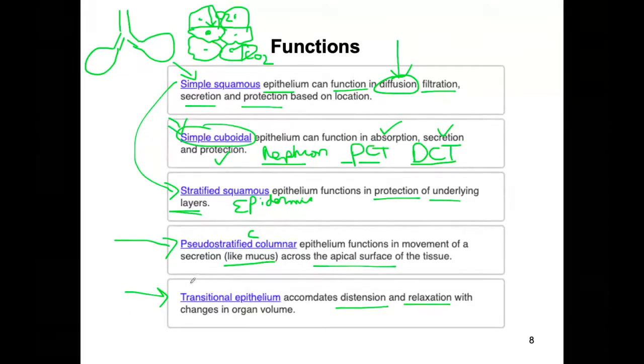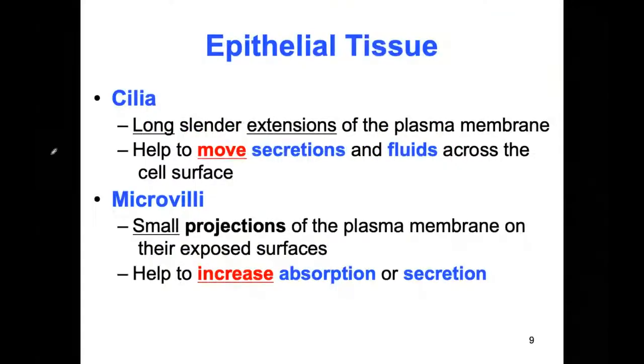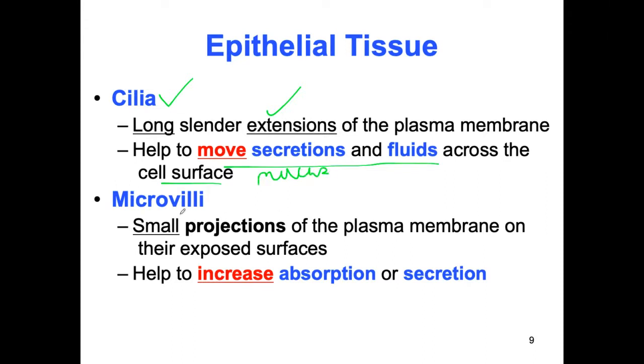It can alter in shape, so the cells are constantly in transition. So we know that the cilia are those long, slender extensions. They're going to move secretions and fluid across the cell surface, even mucus, right? And then smaller cilia are called microvilli, and these are smaller projections.